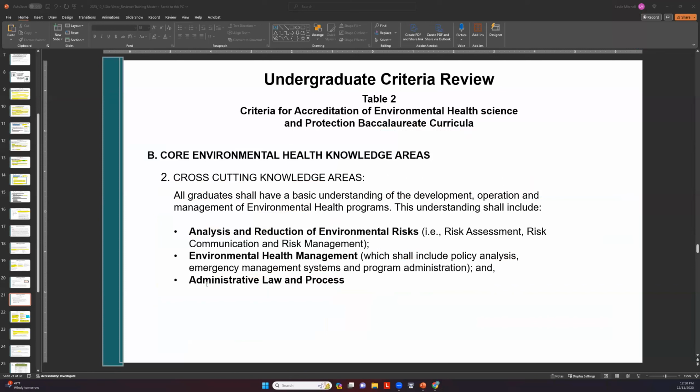They don't have to have a course in environmental health management. It doesn't have to be titled that, but they could have management in three other courses, and they say in table 2 for environmental health management, this class, 10% of it, this class, 15%, this class, 20%.